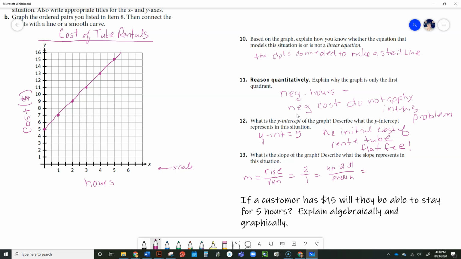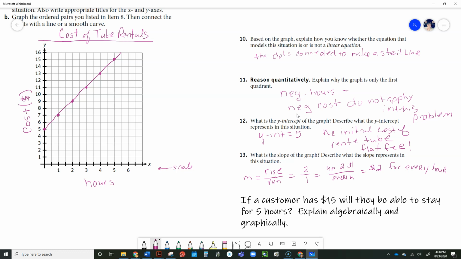So we would say it represented $2 for every hour. Now, could you say it a different way? Of course, $2 per hour. You went up $2 every time you spent an hour there. Lots of different ways to do it.